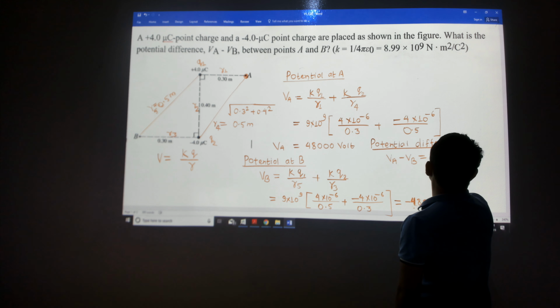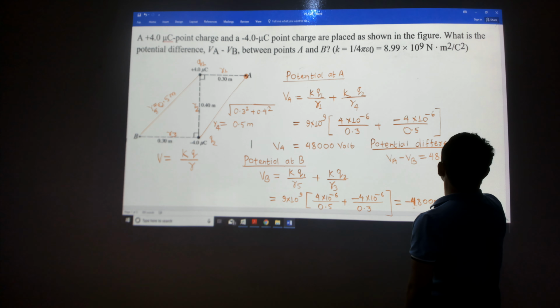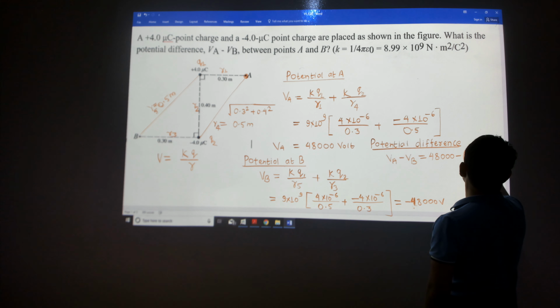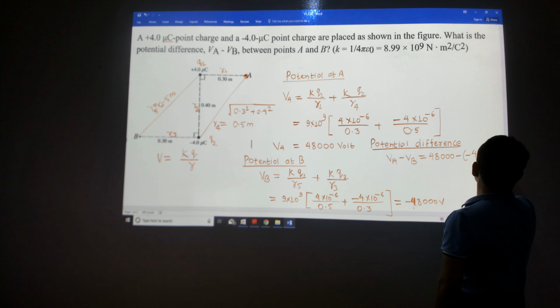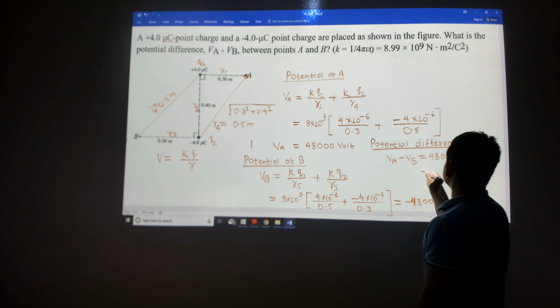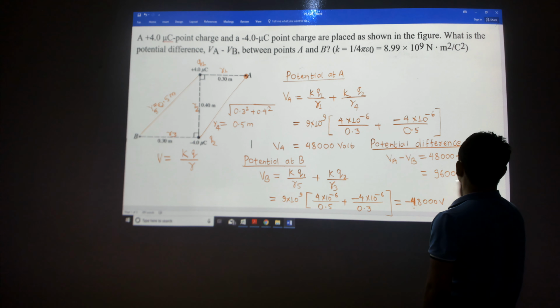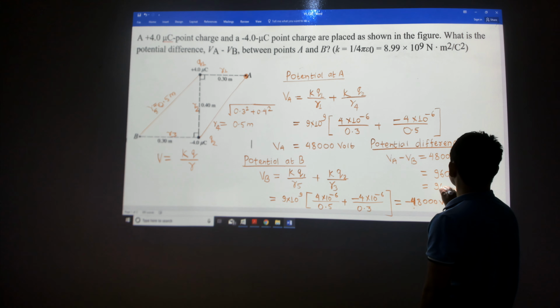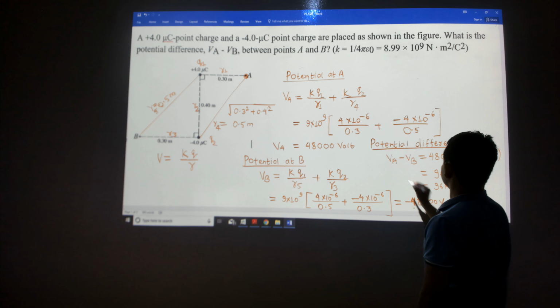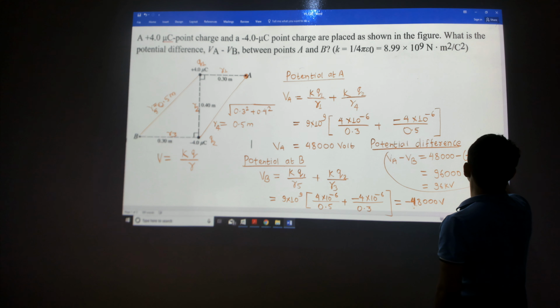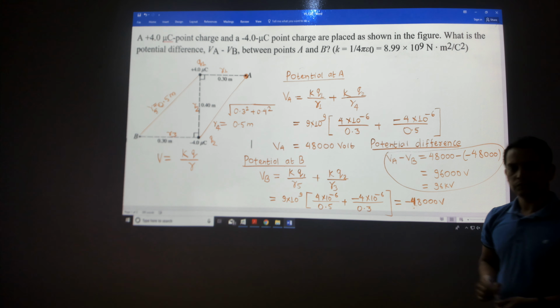This will be 48,000 minus minus 48,000. So this would be 96,000 volt. We can simply write it as 96 kilovolt. So that's the answer.